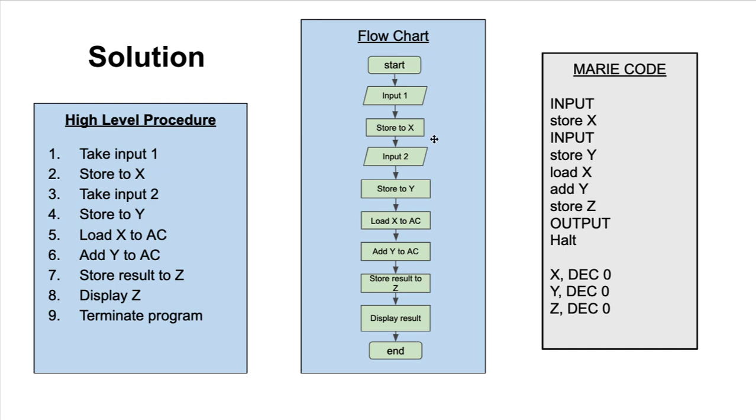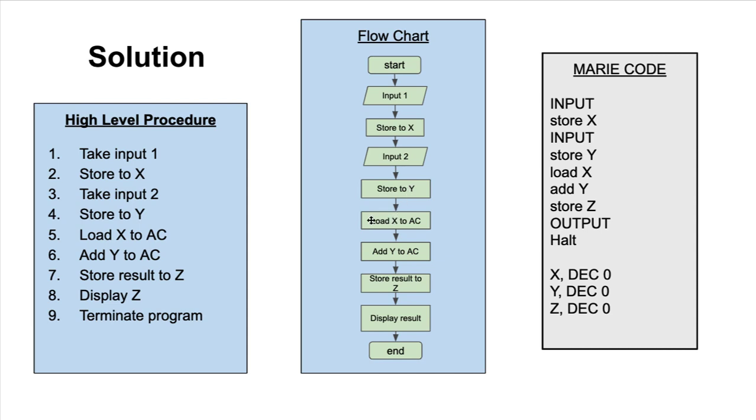In terms of the flowchart, first we start the program, and then we take input 1 and store it to variable x. Then we take input 2 and store it to variable y. After that, we load x to the AC, because at this moment the value of the AC is the value of y.